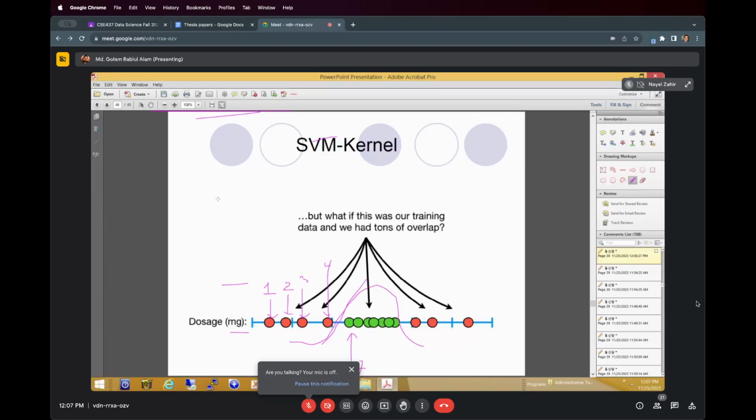According to our polynomial kernel, this one dimensional data will be placed in a two dimensional form, that is, an increased, higher dimension.